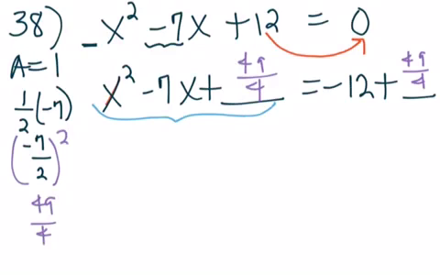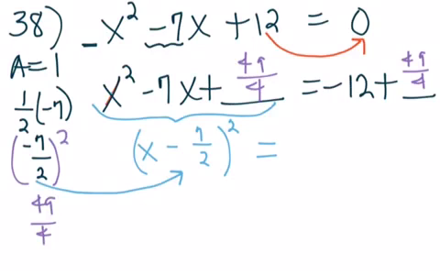The shortcut is, you write the parentheses, you use x because that's the variable, then the number that you wrote down after taking a 1/2, which in this case is -7/2, squared, factors that side. If you don't believe me, you're welcome to FOIL it and see that you get the same answer back. I just don't want to take up video time for it. Equals 1/4. If you put -12 plus 49/4 in the calculator, you'll get 1/4.